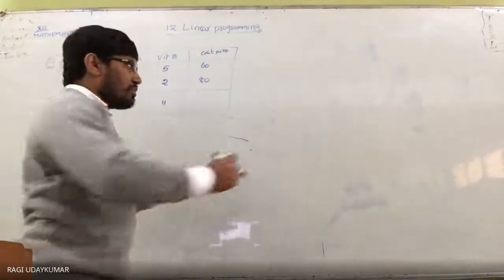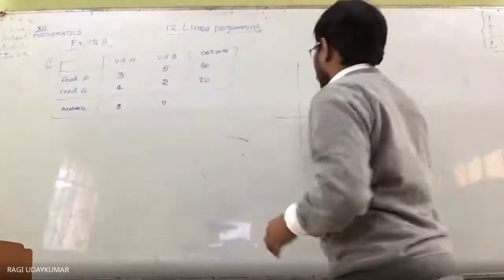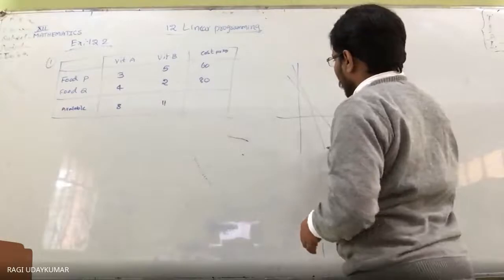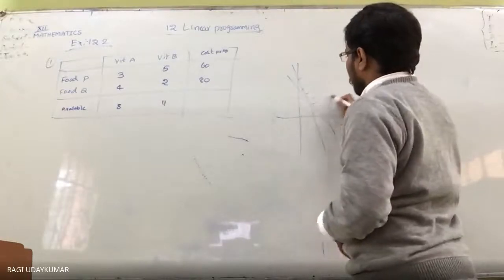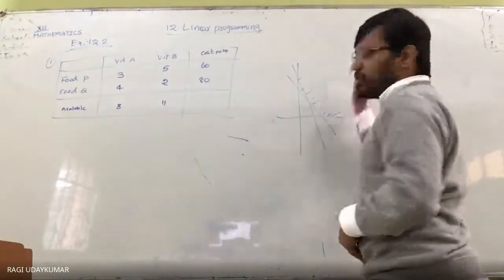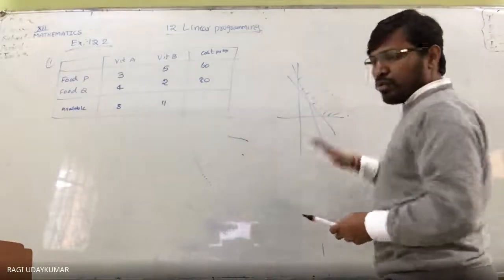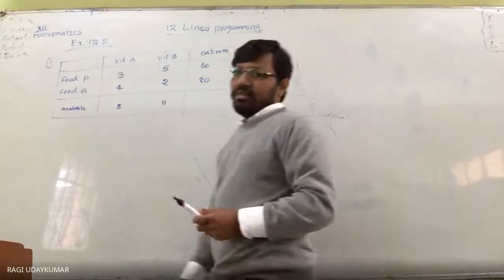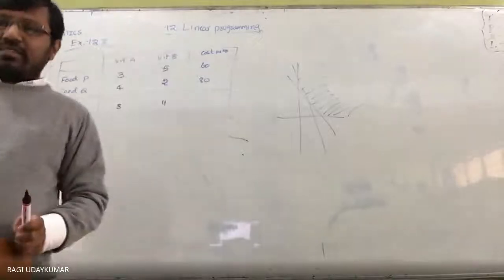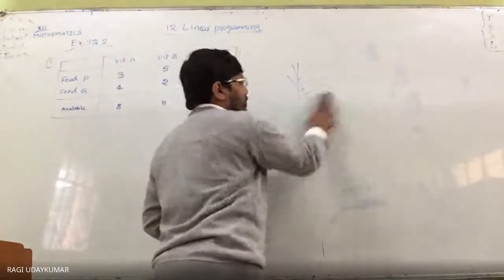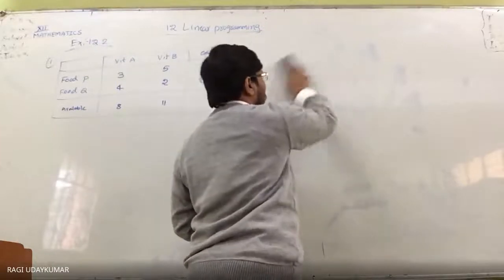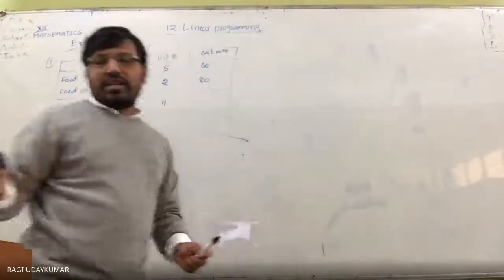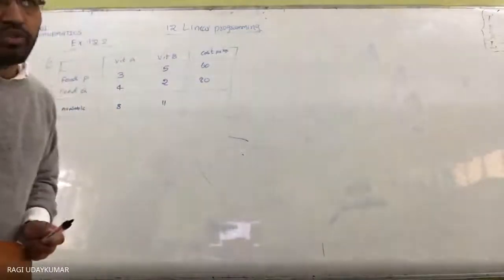Unbounded problems are those where, when you get a solution like this with two equations, the common region, your feasible region, is open on this side. These types of problems are deleted from the syllabus. That's all, only unbounded. I think in your textbook, 1 or 2 unbounded questions will be there in your exercise.